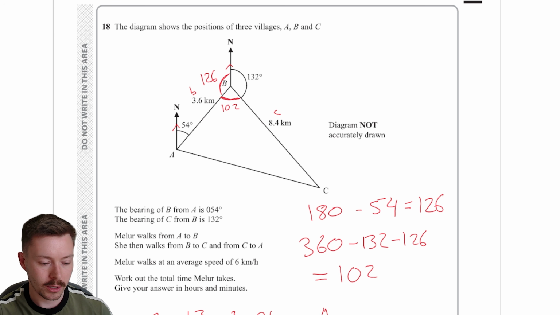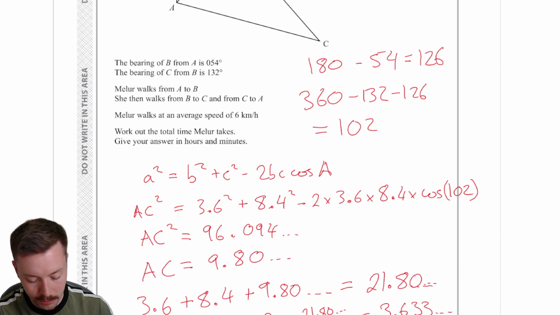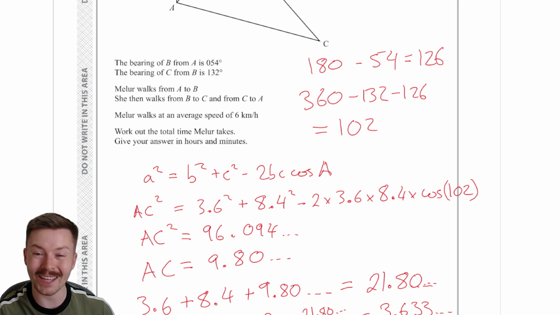102, that's right. And then we've typed all of that into the calculator. Let me check the cosine rule part that I typed in. 3.6 squared plus 8.4 squared minus 2 times 3.6 times 8.4 times cos. And one thing I just checked: when you are doing any trig function, sine, cos or tan, check your calculator has a D at the top.